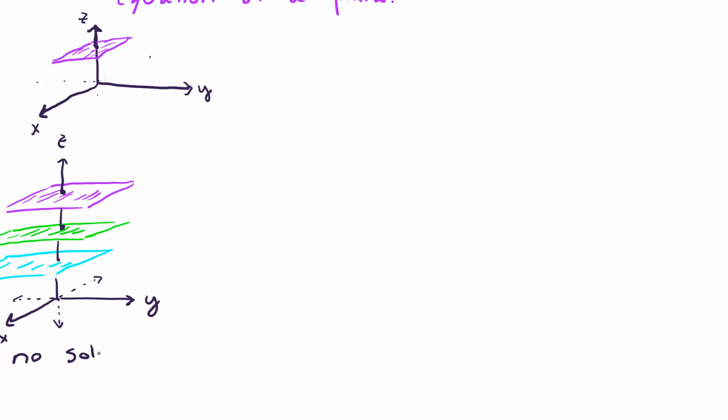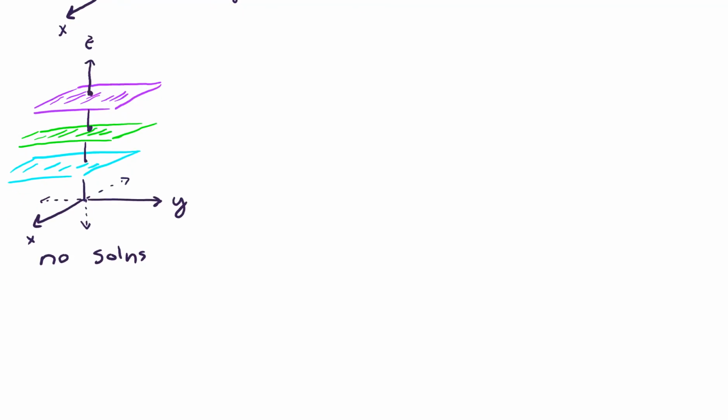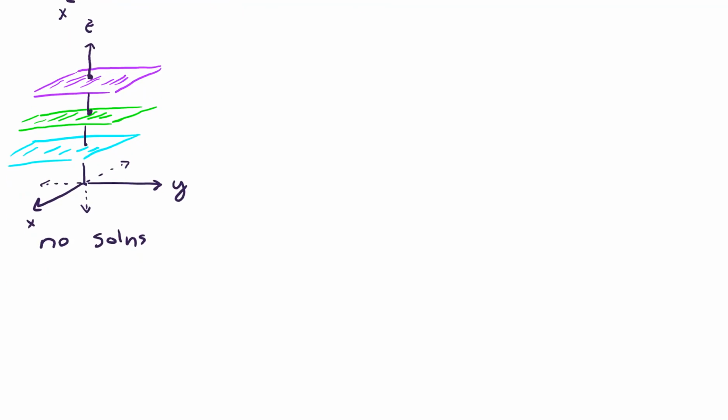So we have a system of equations in 3 variables. We have 3 different equations represented by these 3 different planes, and they don't intersect, so there's no solution here. Okay, let's look at another example. Here's another way in which you could have no solution.